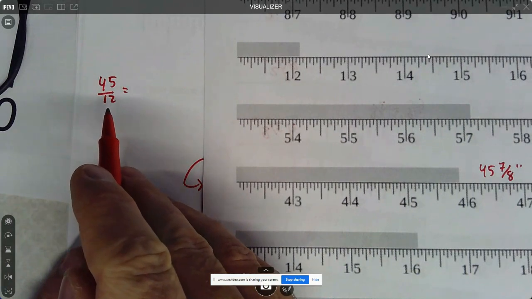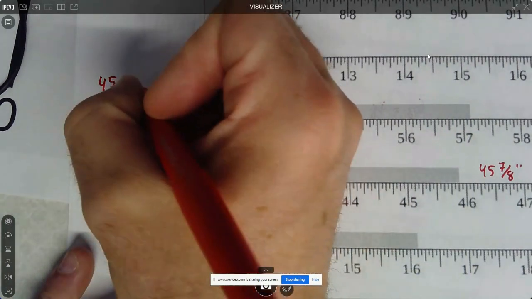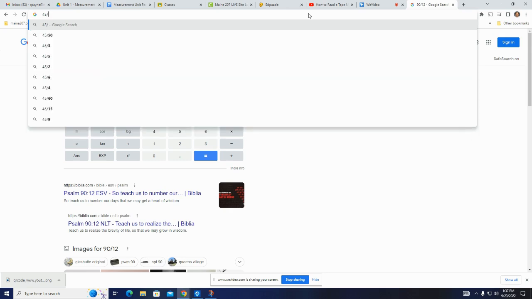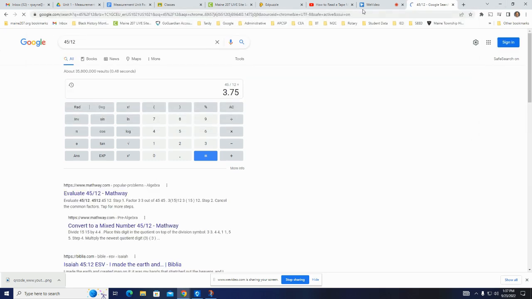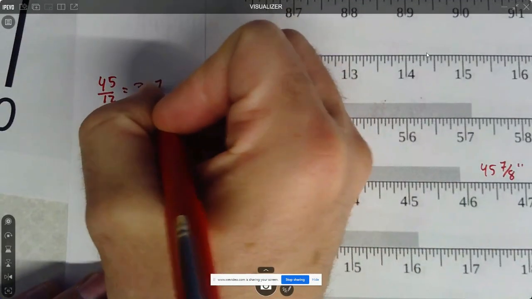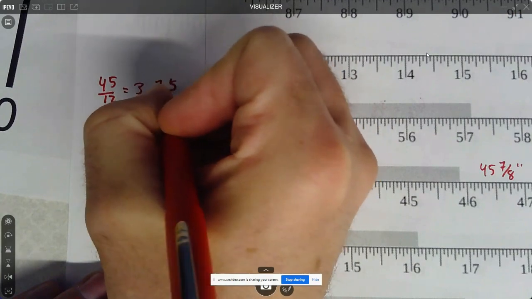It's going to go in 3 whole times, so it would be 3 point something. Let's figure out what exactly. 45 divided by 12 is 3.75. Again, not that we needed the decimal, just pointing out it's 3.75.